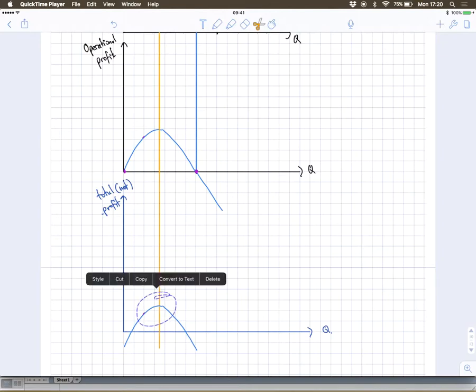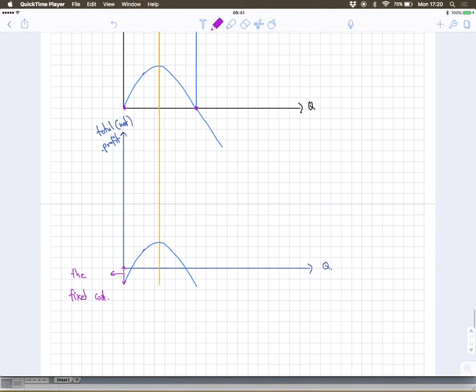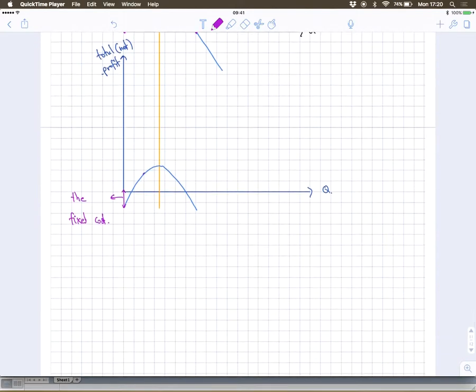So this distance here would be the fixed cost. Does it change the peak of your function? No, it doesn't. Does it change the optimal amount that you'd like to produce? No, it doesn't.